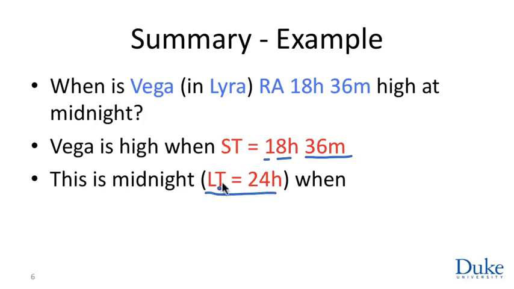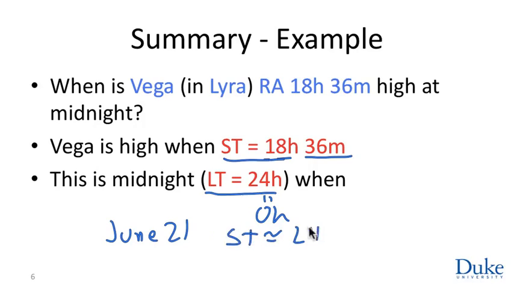Well, this will happen when local time of 24 hours, which is the same as 0 hours, corresponds with sidereal time equal to 18 hours and 36 minutes. Well, if you look back at the previous slide, you'll realize that on June 21st, sidereal time was approximately local time plus 18 hours.